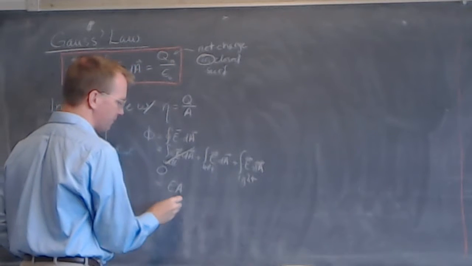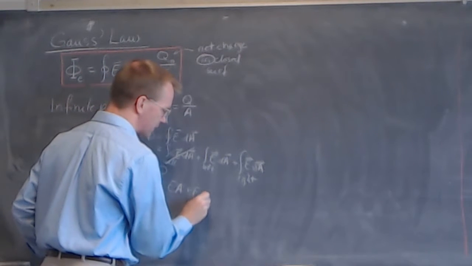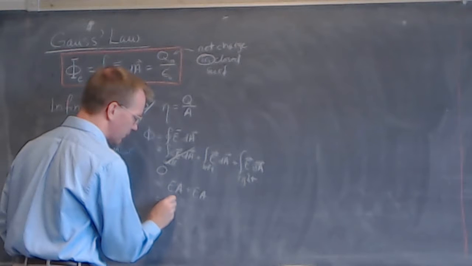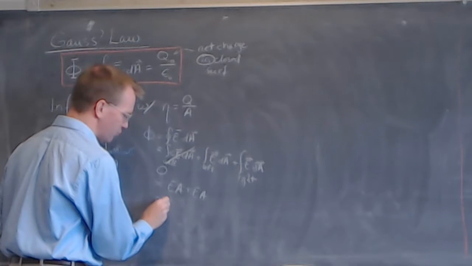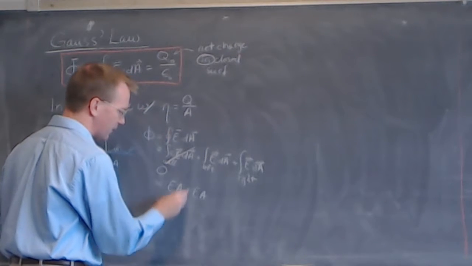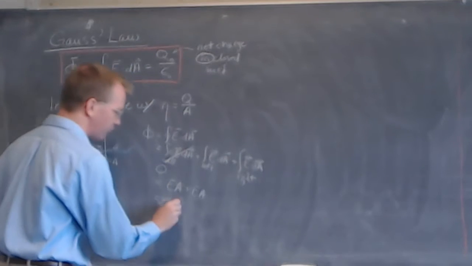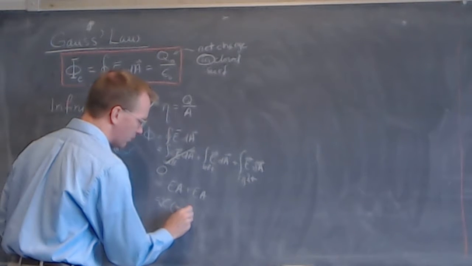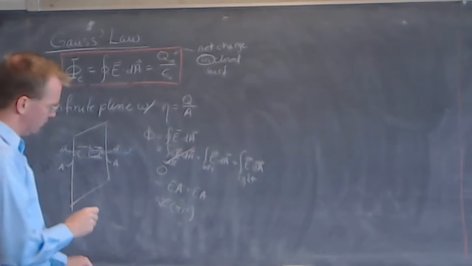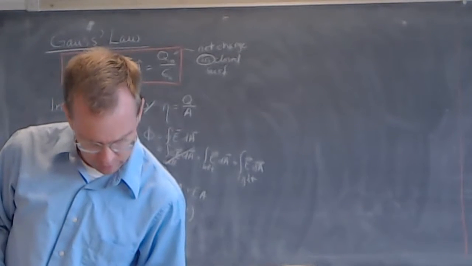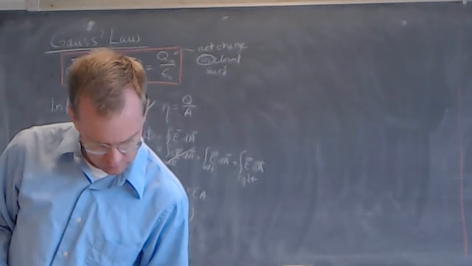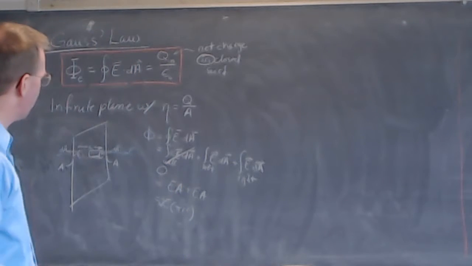E times A plus E times A on the right. So that's E times 2A, so 2E times, what's the area of those? That is pi, let's see here, what is pi r squared? Oh, yeah.